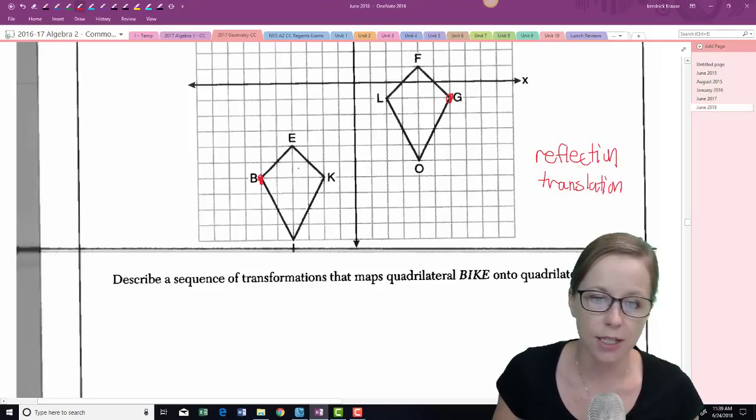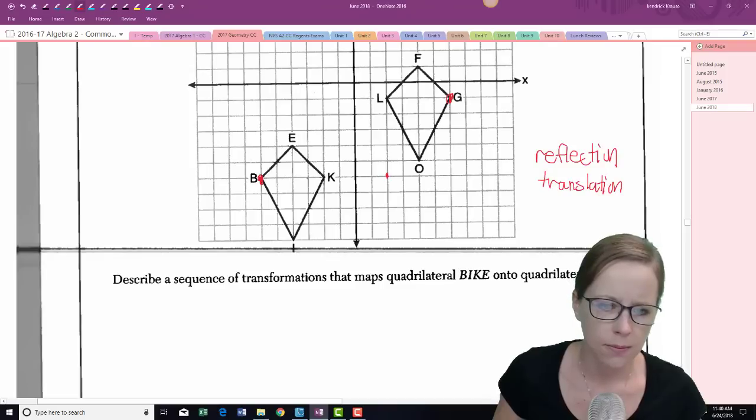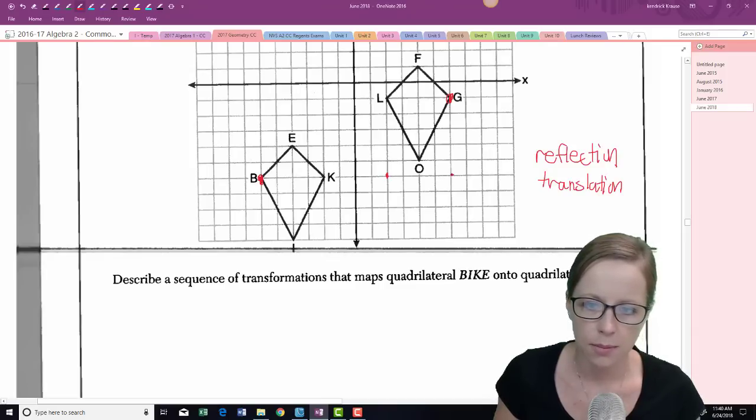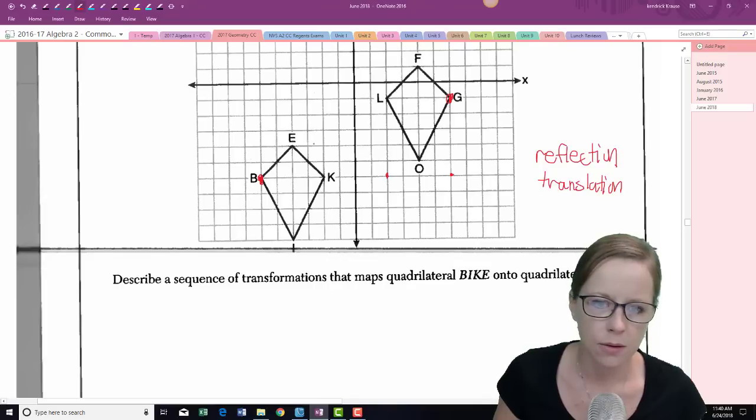So it just depends on how you wanted to do this. You could reflect first through the y-axis. So K is here. B is here. You could have done that, right? Reflect through the y-axis first.